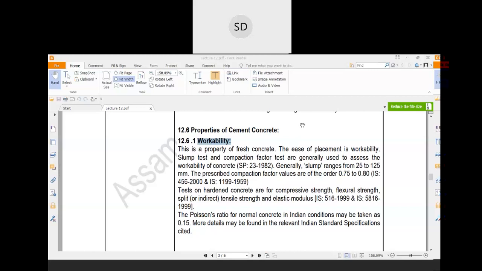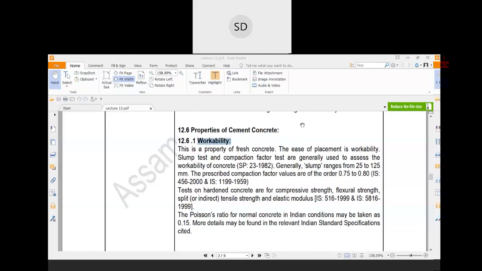In simple words, workability means how much work can be done with that cement aggregate mix. That is the ease of placement, ease of mixing, and ease of transporting that aggregate and cement mix from one place to another. So basically that is the workability.